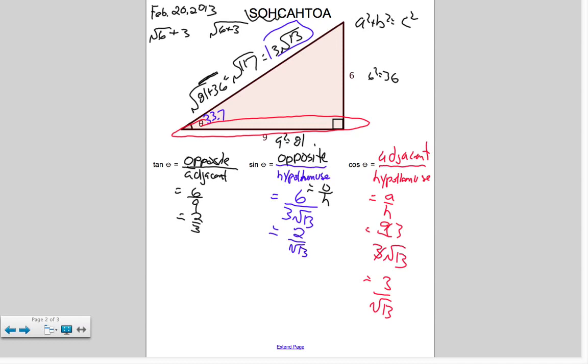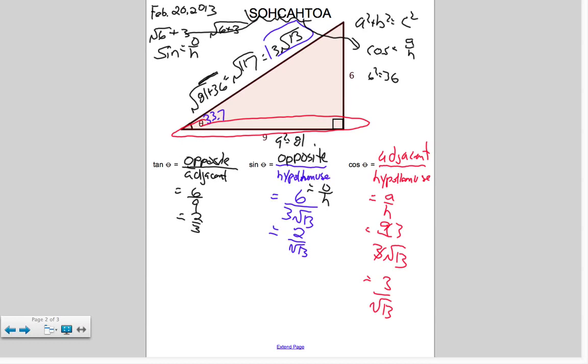So what is SOHCAHTOA coming from? The SOH is short for sine is equal to opposite over hypotenuse. The CAH is cos is adjacent over hypotenuse.